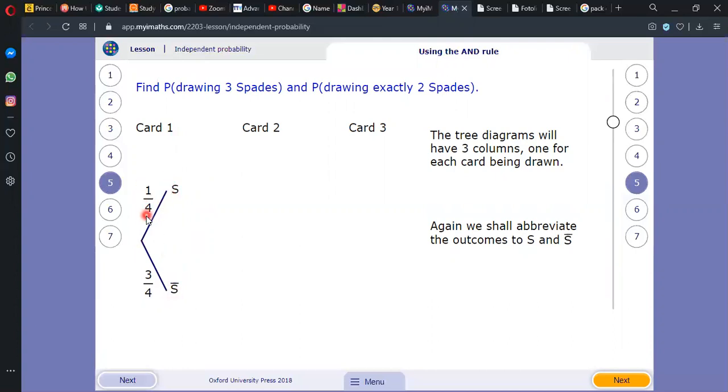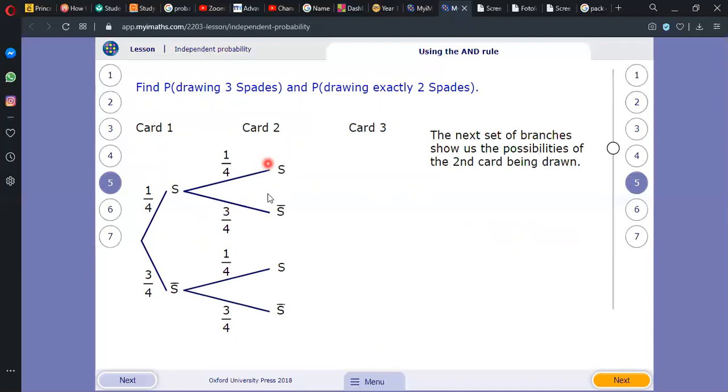Probability of spade is 1/4, which we got initially by 13 over 52, remember? And not spade would just be 1 minus 1/4, which is 3/4. So you've done that for card 1, you are okay. For card 2, you must do the same thing for each of the branches of card 1.